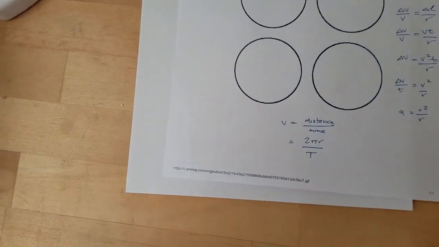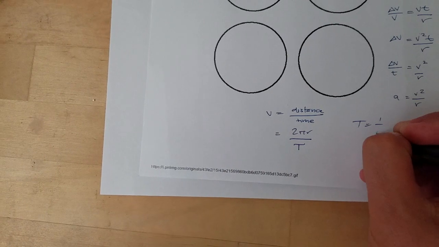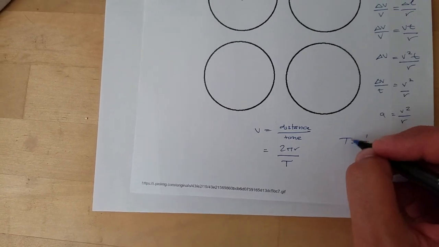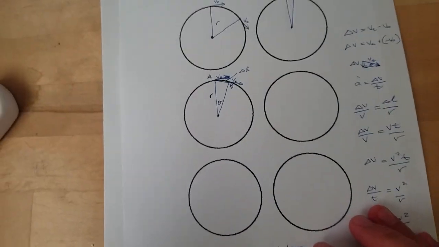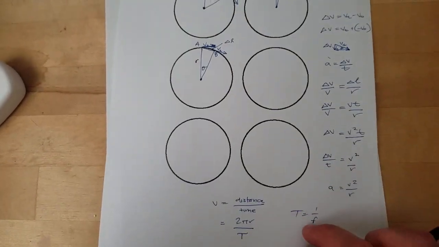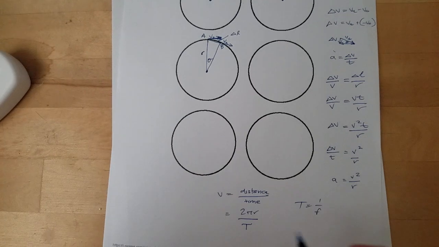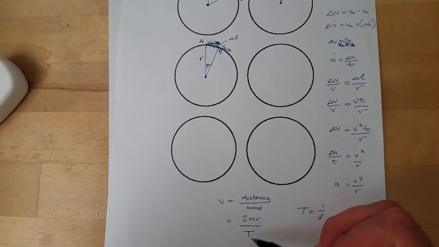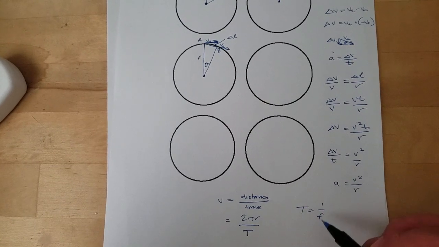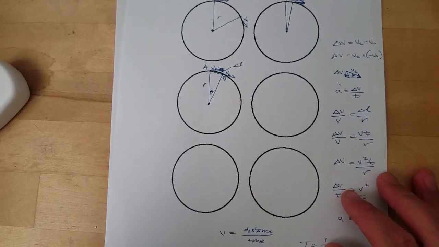Remembering that T equals 1 over f, so the period equals 1 over the frequency. So we can now work out the velocity as long as we have the radius and either the period or the frequency. Let's have a shot at doing that.